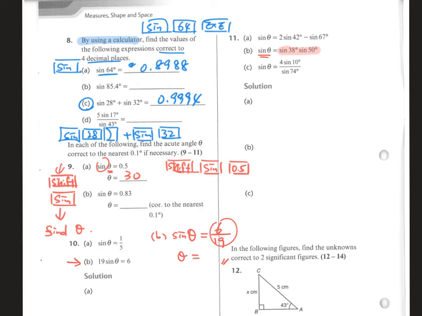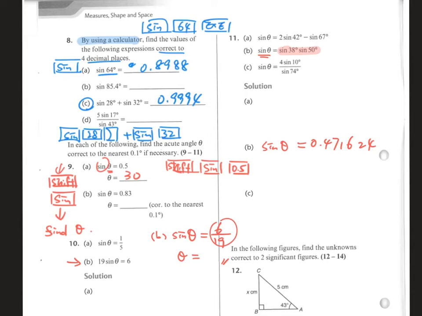So that's why 11B I will start from sine theta equal to, by calculator you check out the result first, which is equal to 0.4716, but because it's not the end of the answer, I prefer you to write about 6 significant figures.